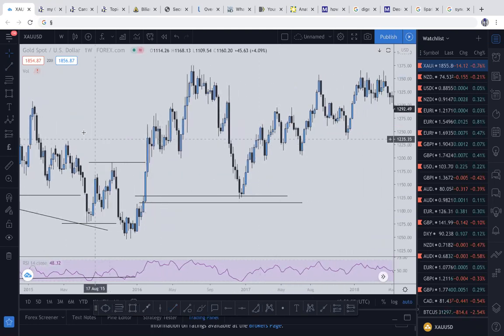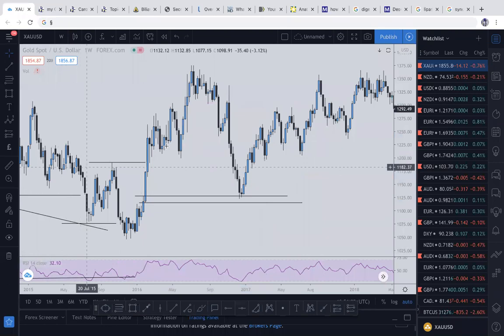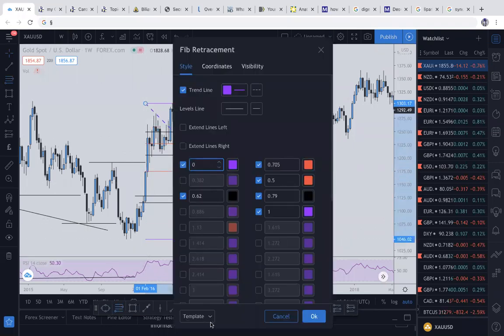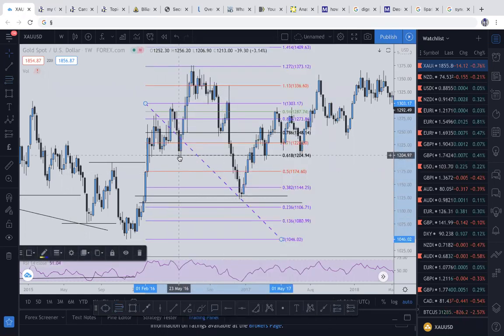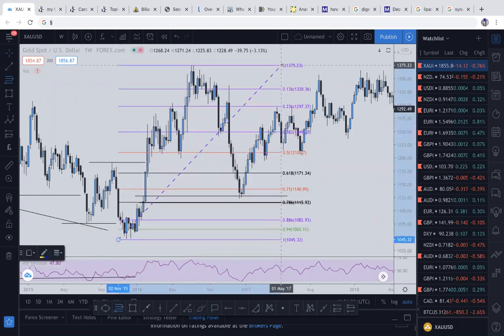And this is probably a harmonic pattern as well. It might be a harmonic pattern. Gartley. Now Cypher.